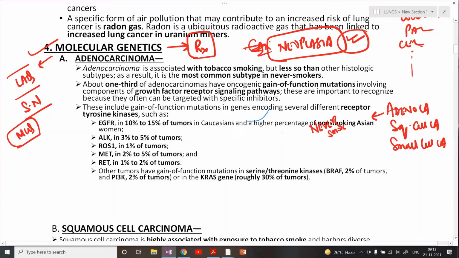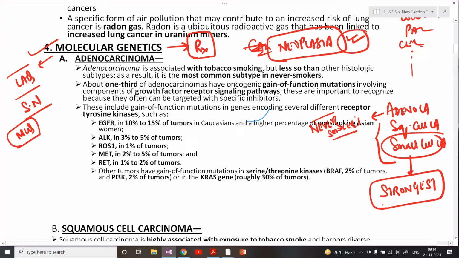Lung cancers can occur in people who smoke, and also in a small proportion of people who do not smoke. Among the people who are not smoking, adenocarcinoma becomes very common. Both squamous cell and small cell carcinoma have a very high association with cigarette smoking. And if you have to choose a single one, the strongest association with cigarette smoking has been seen for small cell carcinoma.